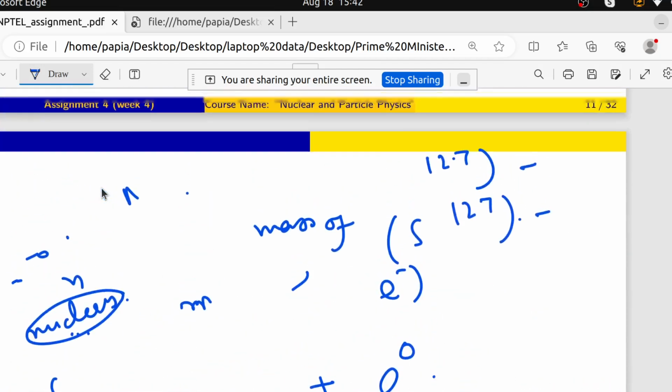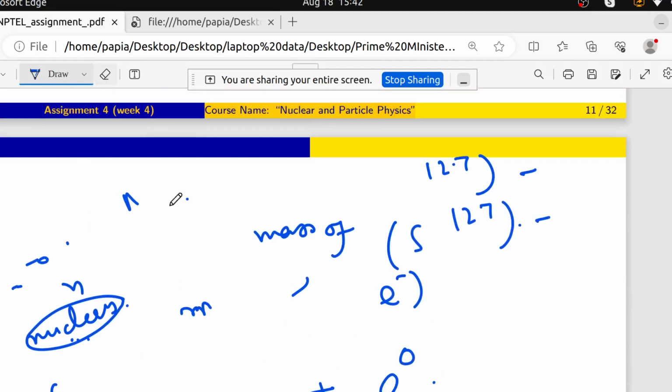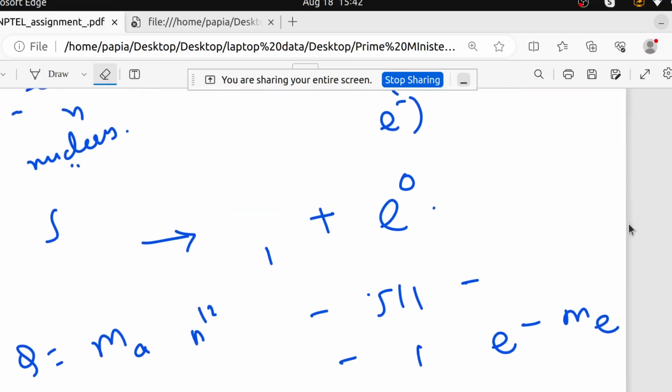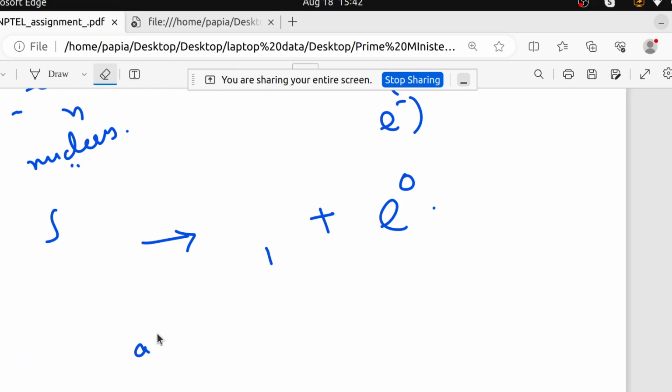So here I will just do some calculations. Just let me erase these things first, but I think I have space. No, I don't have space. So whatever I am going to write is a very general expression for the Q value, so that it will be applicable for beta plus, beta minus, and electron capture, all three decays.